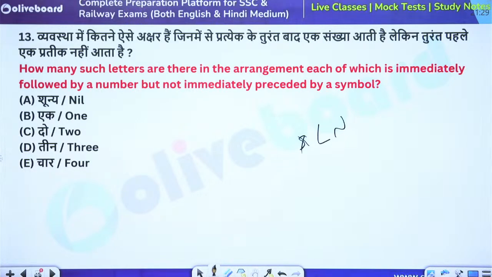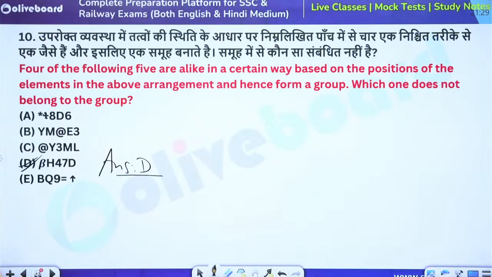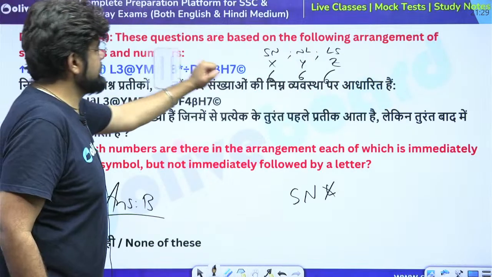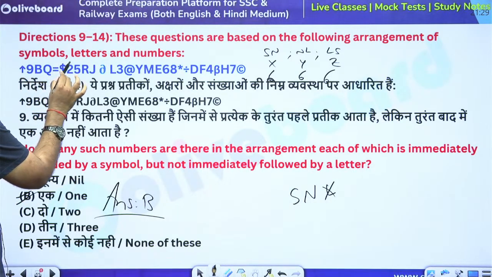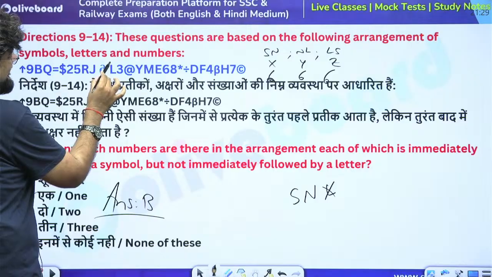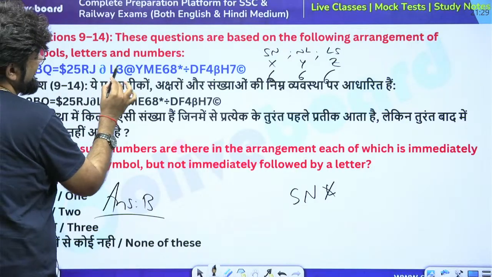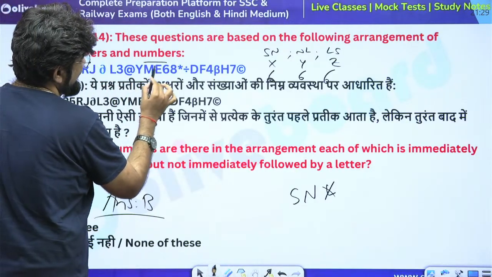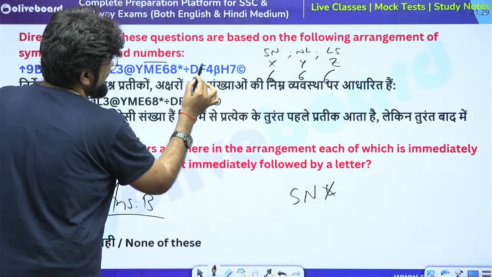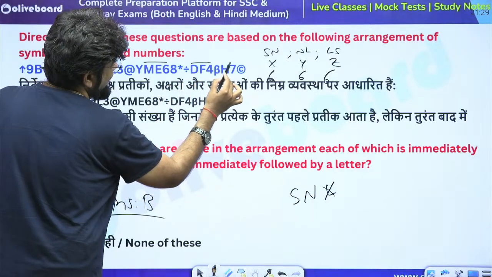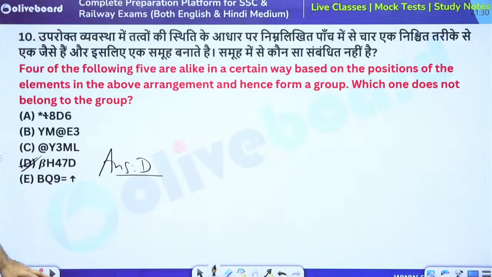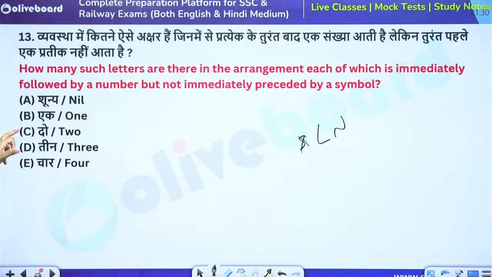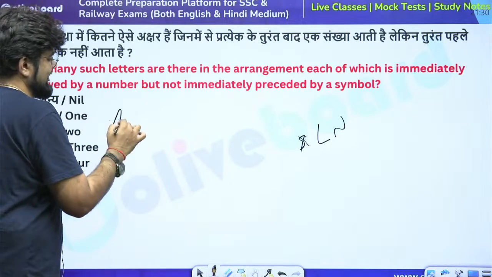This is gone. Letter number done. Letter number done. Letter number should not be preceded by a symbol. We have only 2. Option C is the right answer.